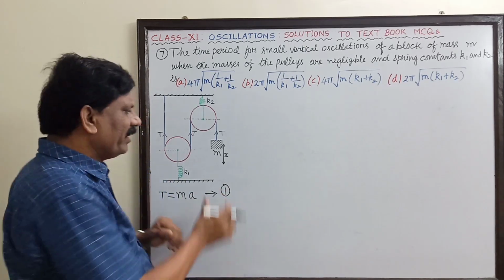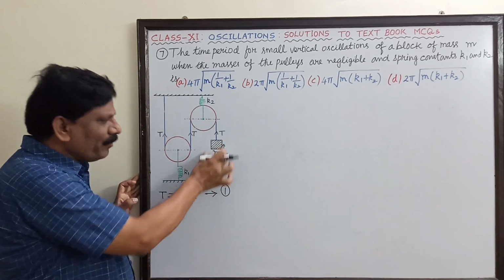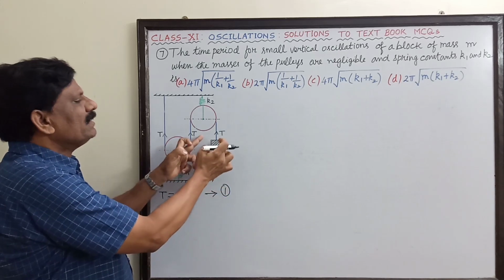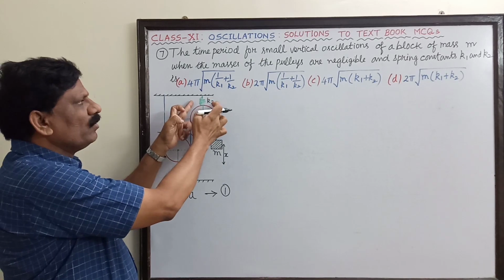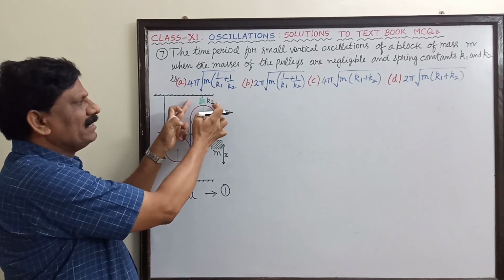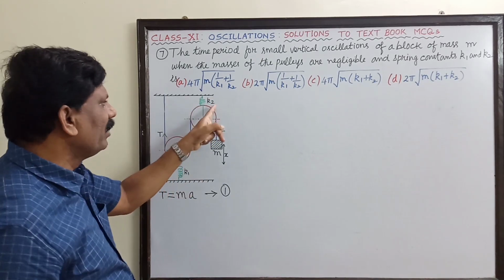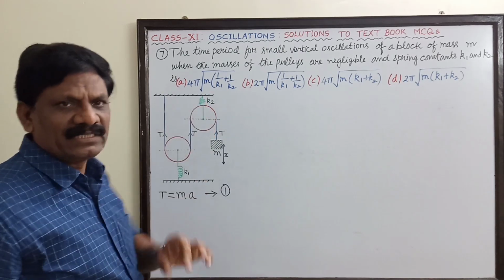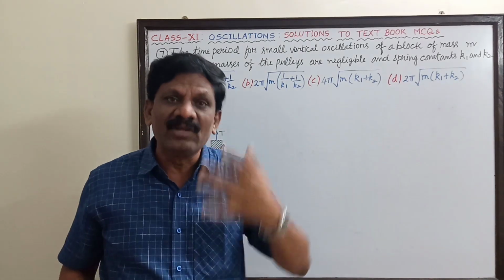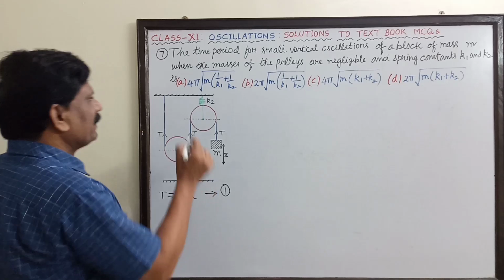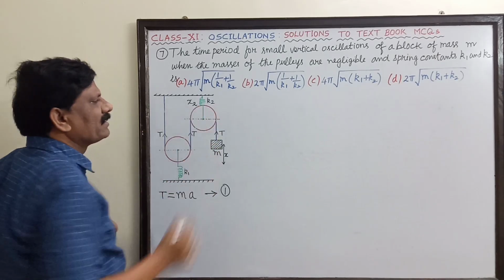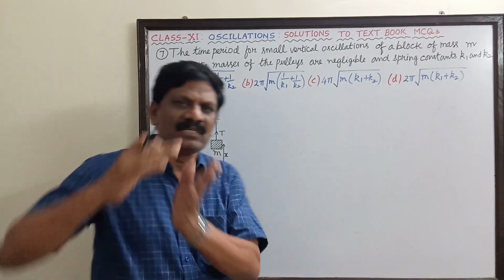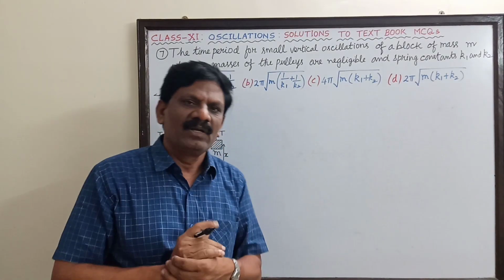So once I disturb the system by pulling this mass, it will pull the spring in the downward direction. The second spring of constant k2 will be pulled downward. The spring will expand. It will be stretched.